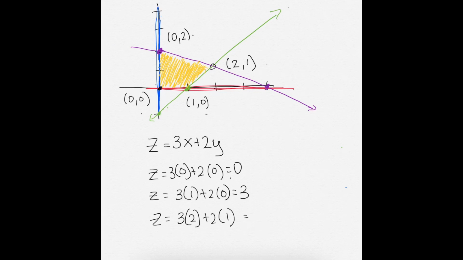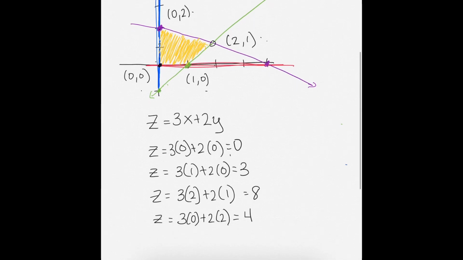All right, so this one gives me 6 plus 2, so that'll give me 8, this point over here. And then my last one would be 0, 2. 3 times 0 plus 2 times 2. This one gives me 4.